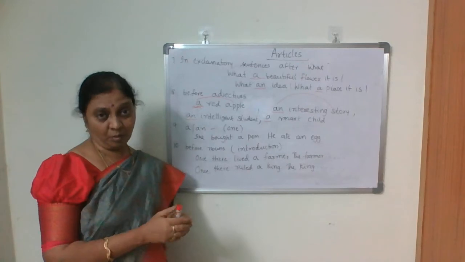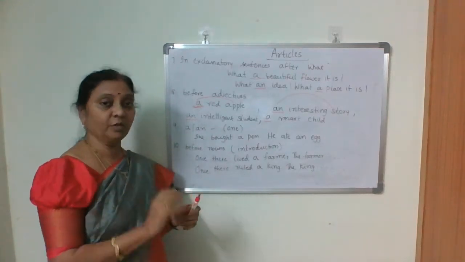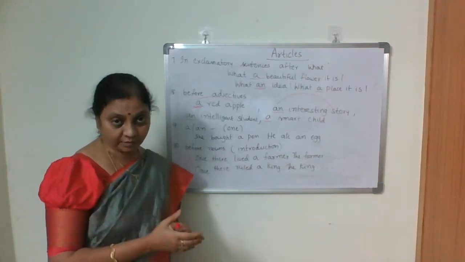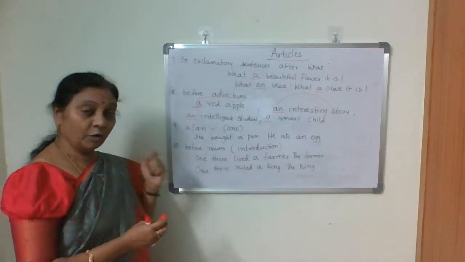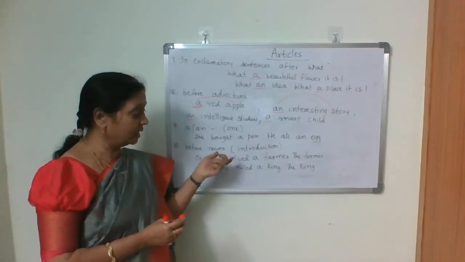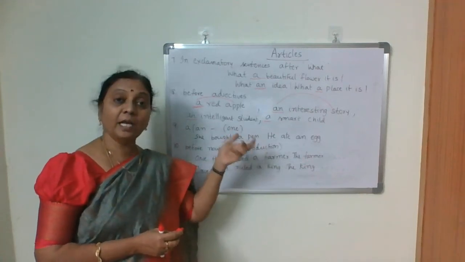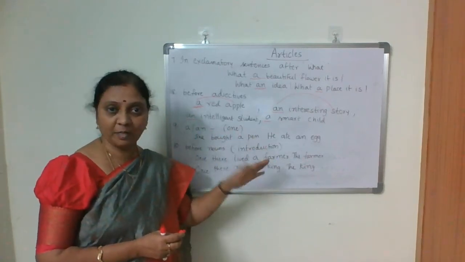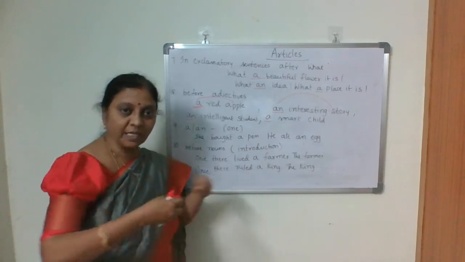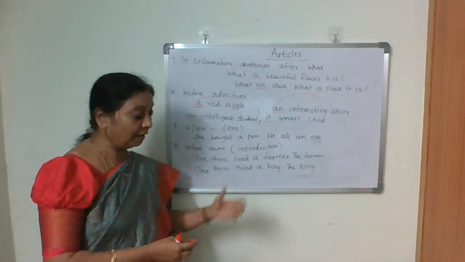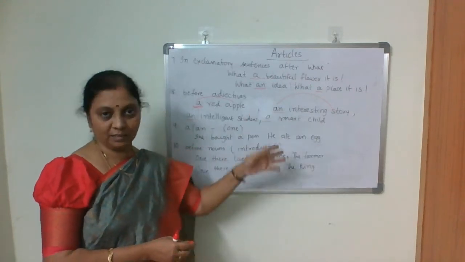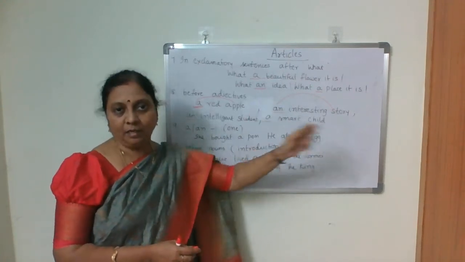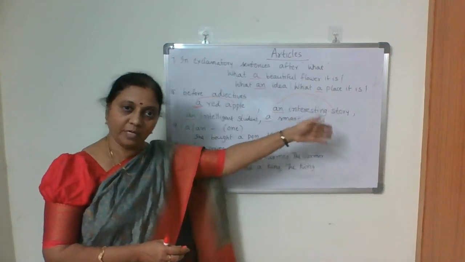And the last one: before nouns, at the time of introduction, you use a. Suppose, for example, you want to start a story. Once there lived a farmer. A farmer, because we don't know him; we are at the beginning only. After the introduction is over, you can go with the definite article: the farmer had 100 acres of land, the farmer had two children.